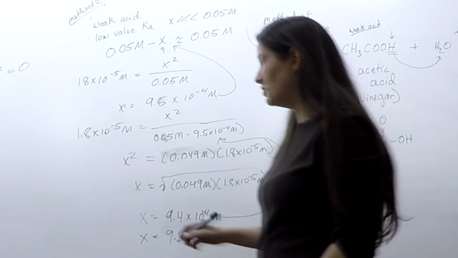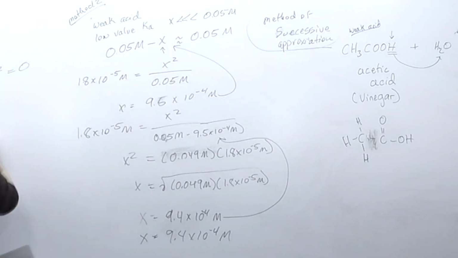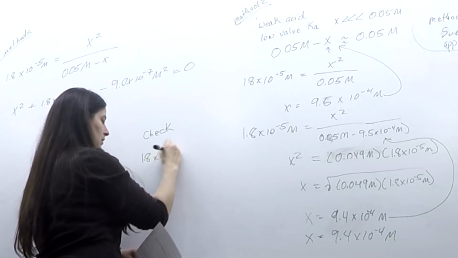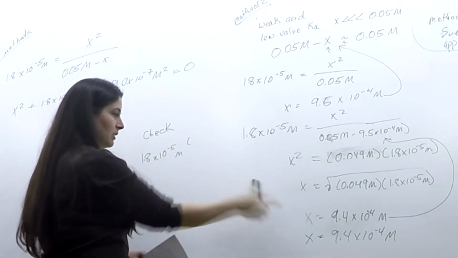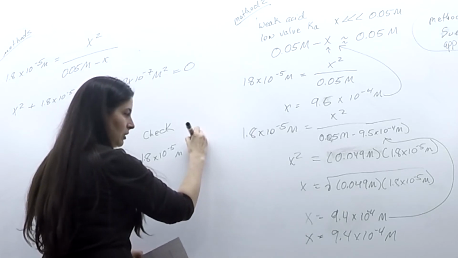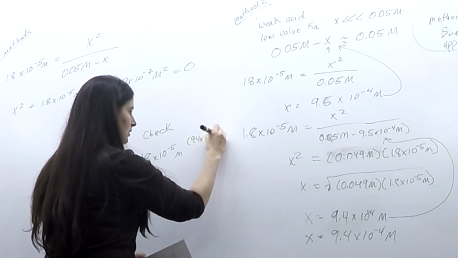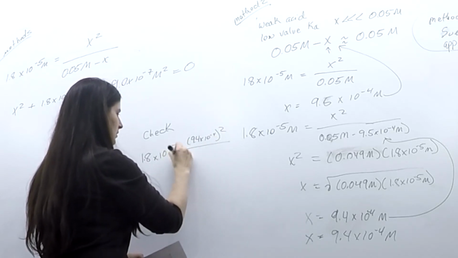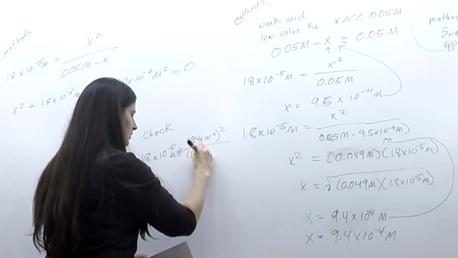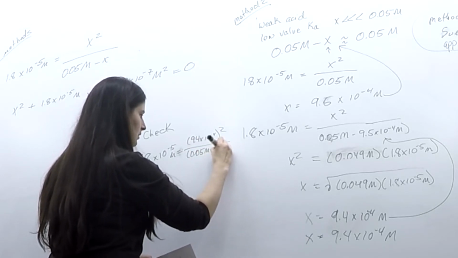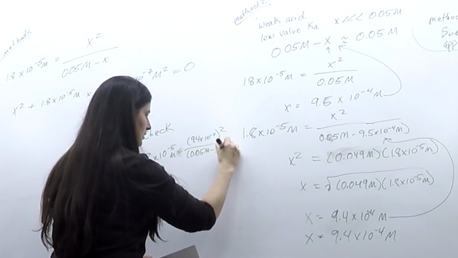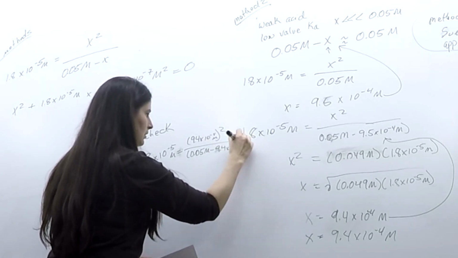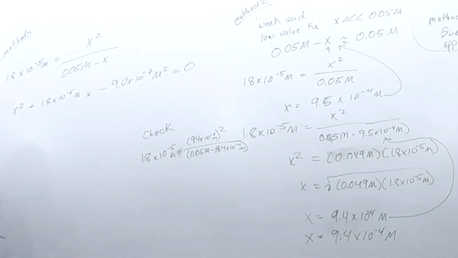The other way that I can do it is now if I want to check this work, if I don't believe it, plug this value in now for X here, and down here, and see if that statement is true.